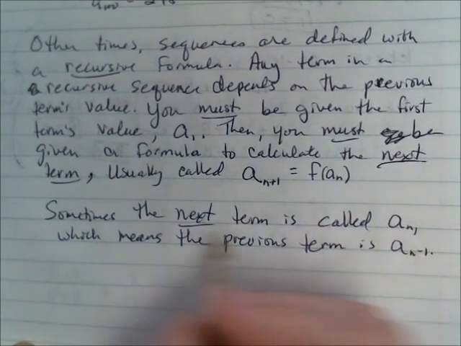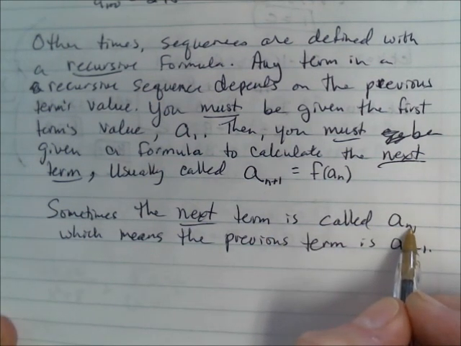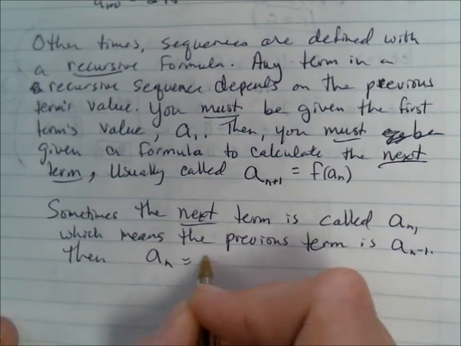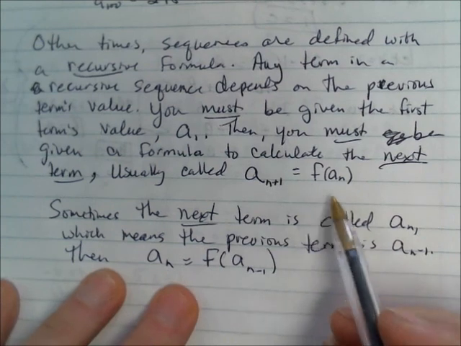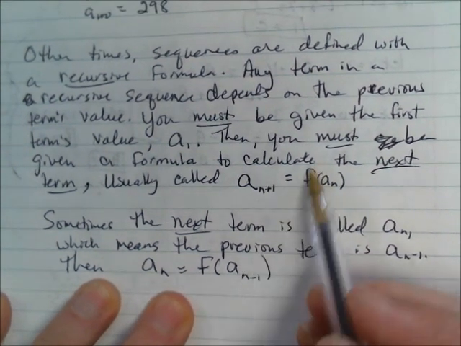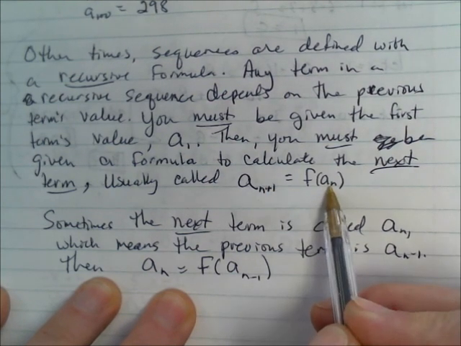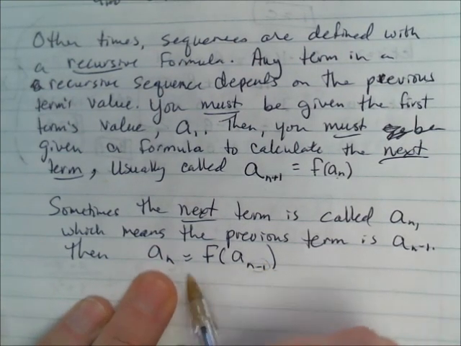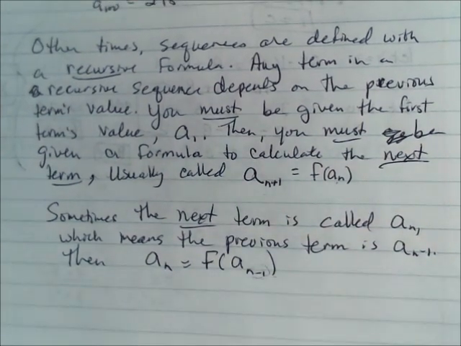So in a recursive sequence where they call the next term a sub n, that means the next term is some function of the previous term, so you'll have a sub n minus 1 here. So they're really similar. It's just two different ways of writing the same thing. They could put a sub n plus 1 here, meaning the next term depends on that previous term. Or they could say the next term is dependent on that previous term. It's just two different ways of writing the same thing. So I just hope you're not confused by that. Hopefully I'll give you a couple of examples of it written both ways.